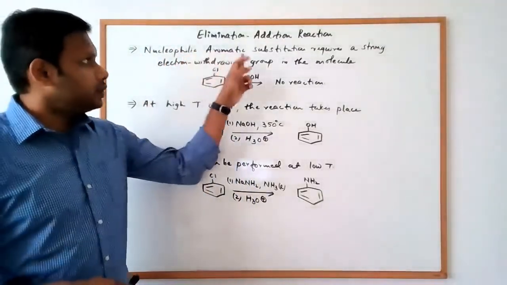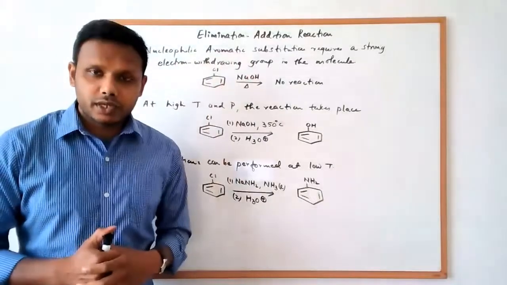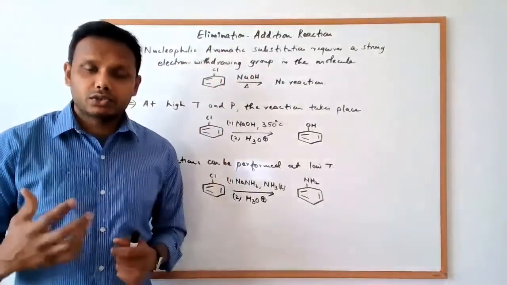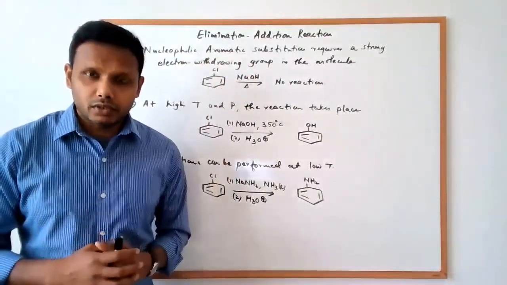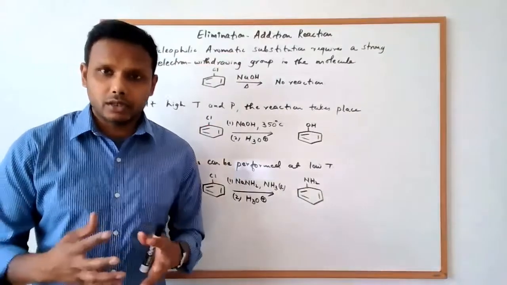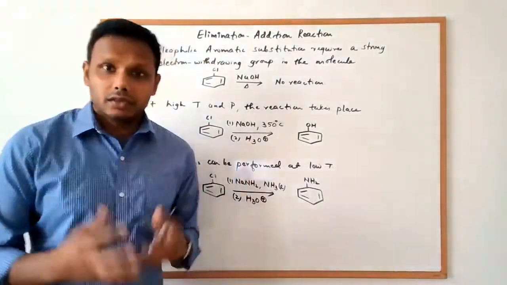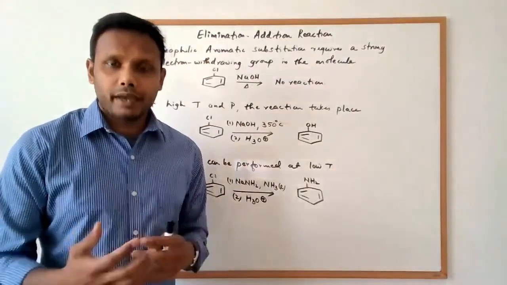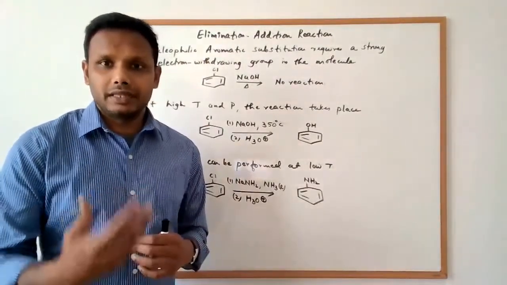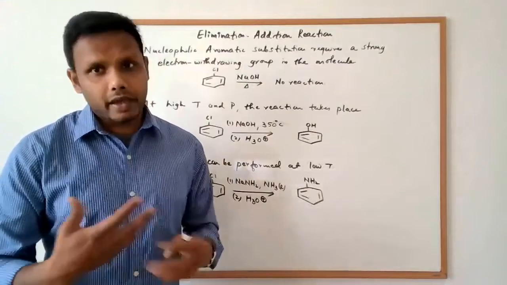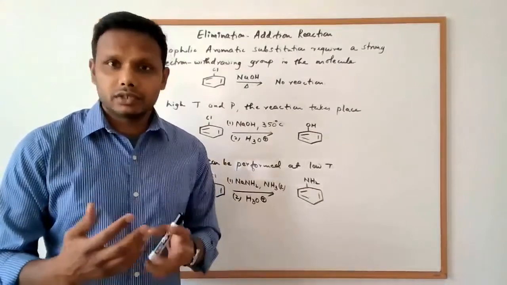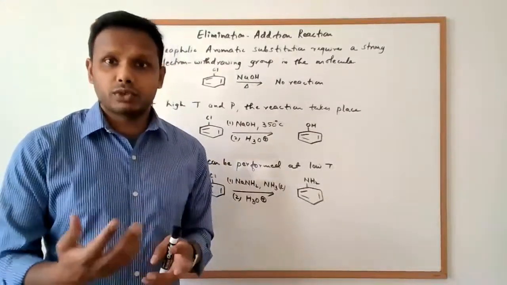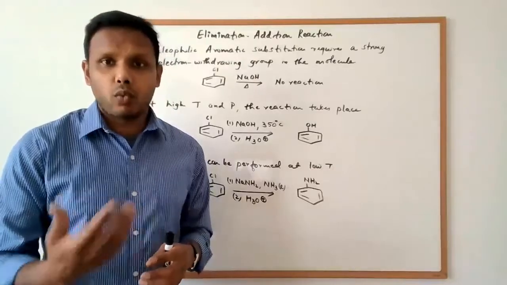Now, we know that for a nucleophilic aromatic substitution reaction, there must be a strongly electron withdrawing group present in your aromatic compound. This electron withdrawing group should be ortho or para to the leaving group, or it can be ortho and para. It does not have to be just one electron withdrawing group, but you need at least one.